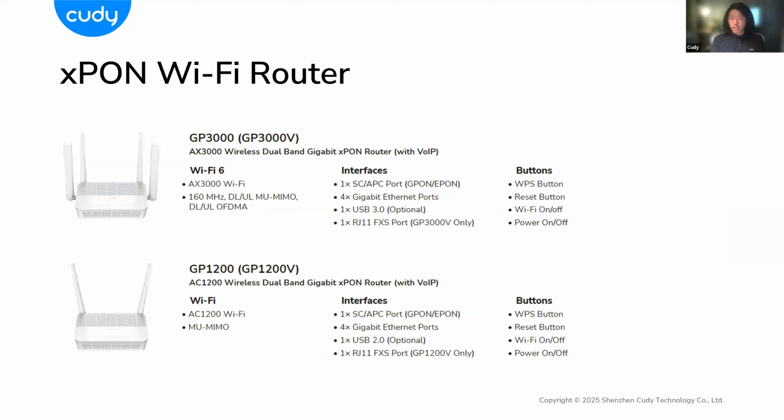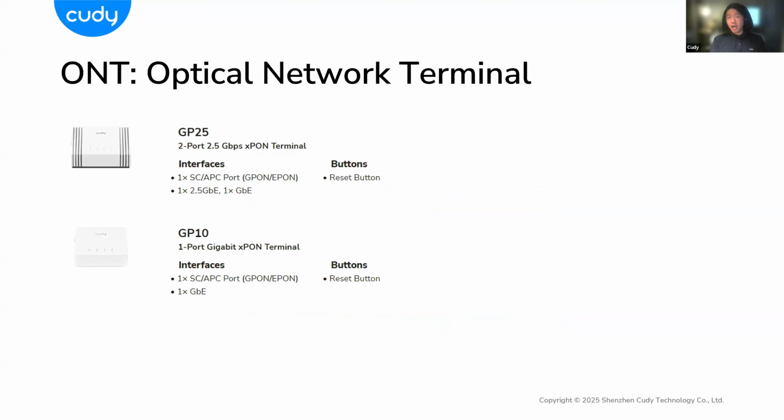So we provide Wi-Fi 6, the GP3000. We provide Wi-Fi 5, GP1200. We also provide the versions with RJ11 ports, which allows them to build phone services on it. Okay, so if the ISP clients don't need a Wi-Fi router plus ONU combo, we provide just a single ONU device.